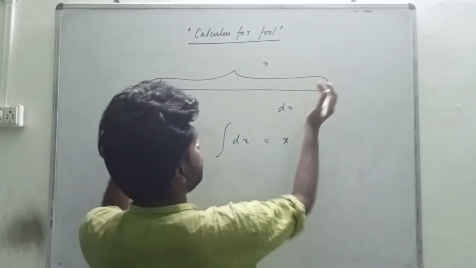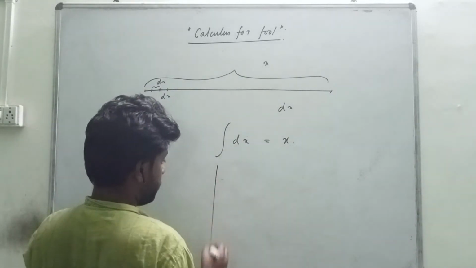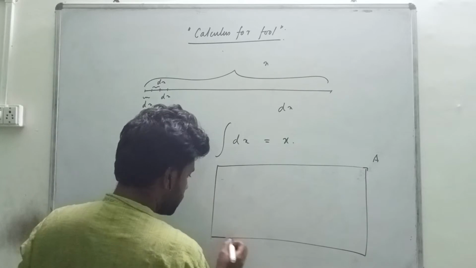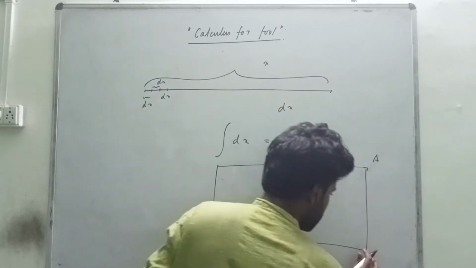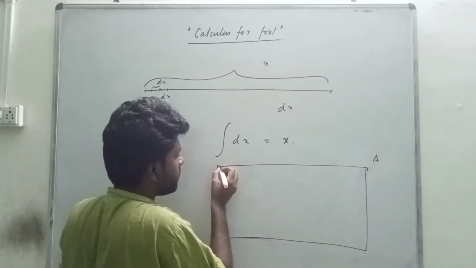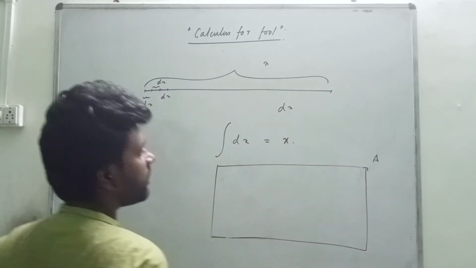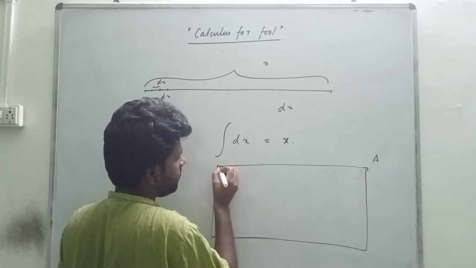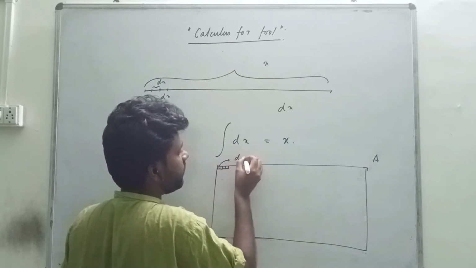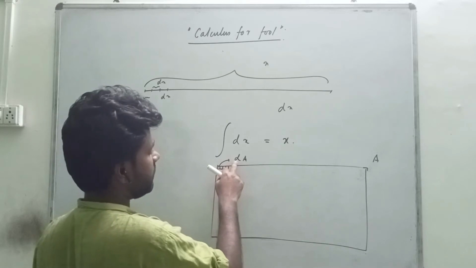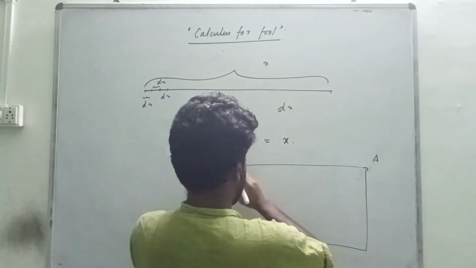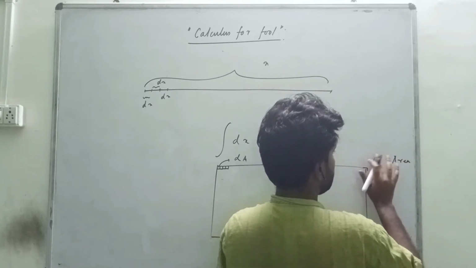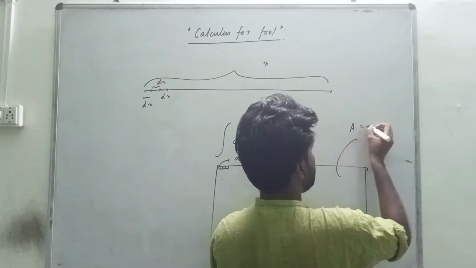And of course, instead of a length, if it is an area like A, and if you cut this very big area into very small pieces like this, then one of these small pieces is dA, because d means a little bit, so a little bit of A. Here A means the area of the whole rectangle, the full area.